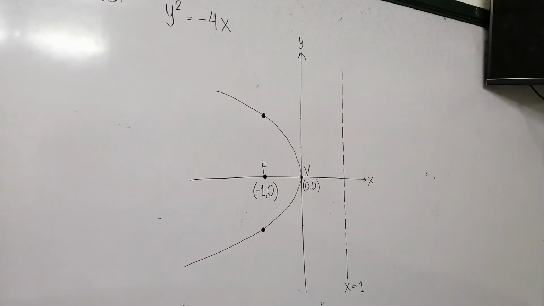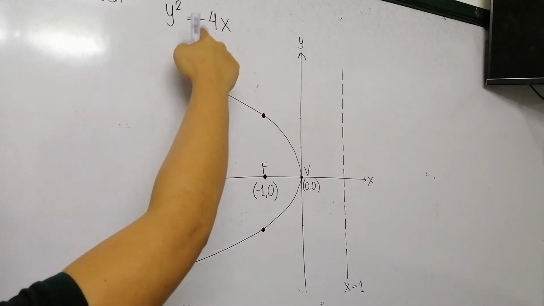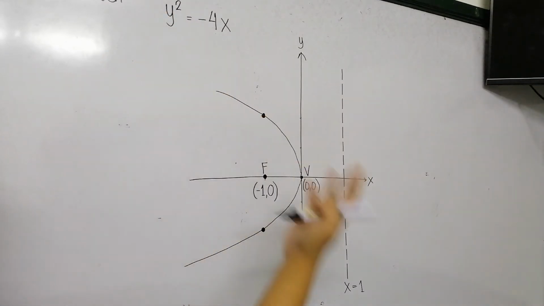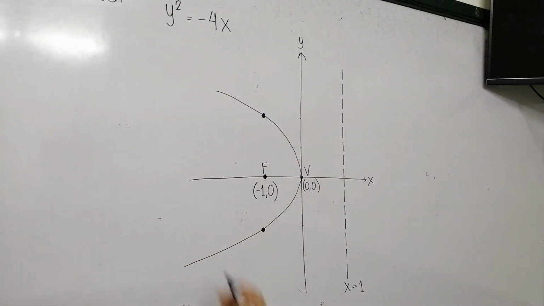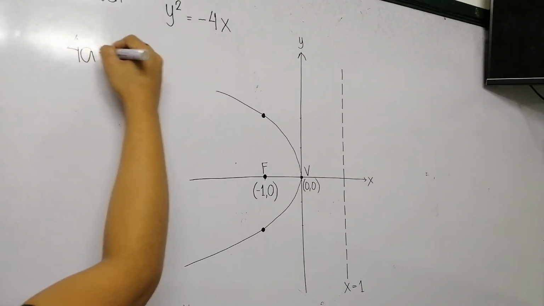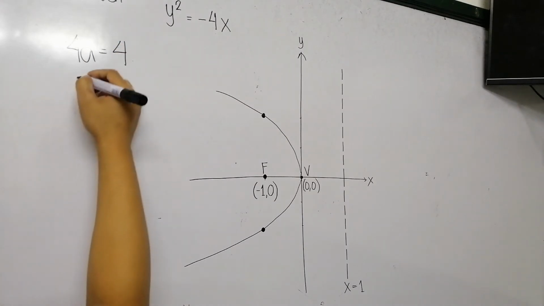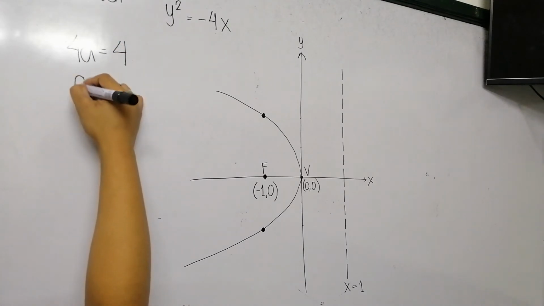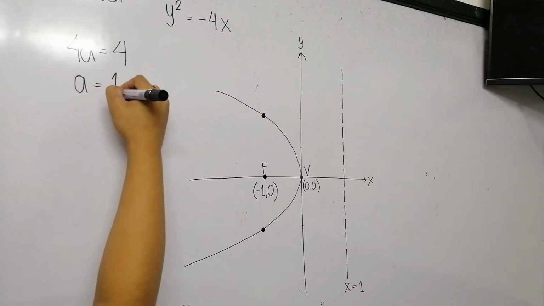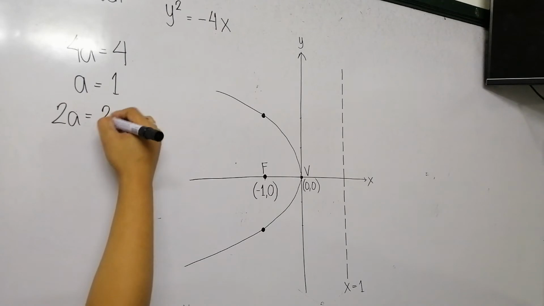So our vertex is at 0, 0. And let us now solve for a. The negative sign here simply tells us that it opens to the left. So we can equate here 4a equal to 4. So we disregard the sign. Okay? So 4a equals 4. That means our a is equal to 1. And therefore our 2a will be equal to 2.